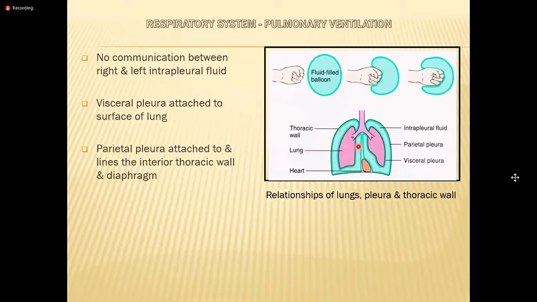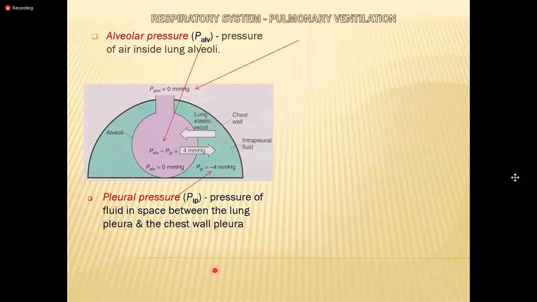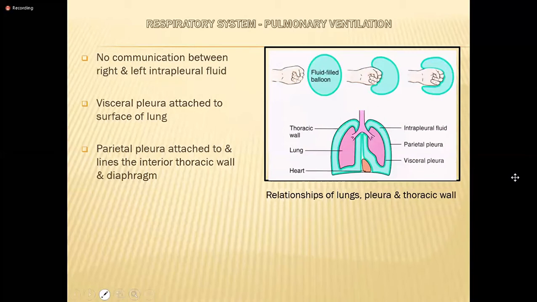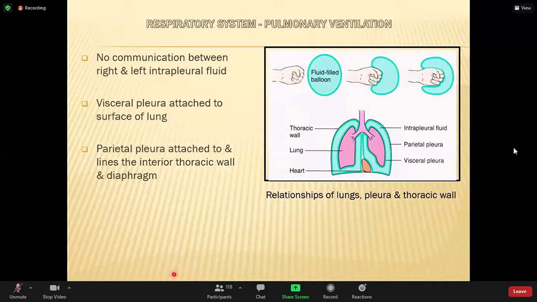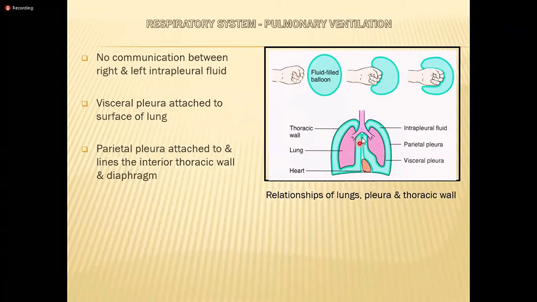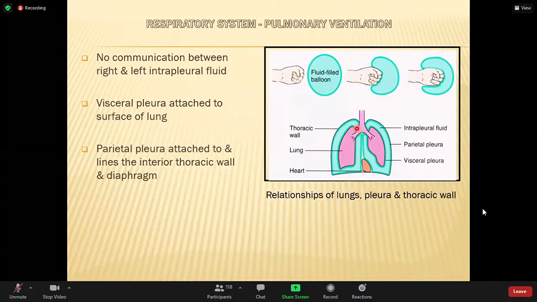And the one attached to the interior of the thoracic wall is your parietal pleura. Now, it involves pressure. They don't communicate, okay?